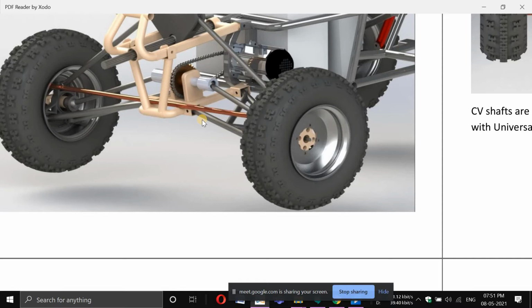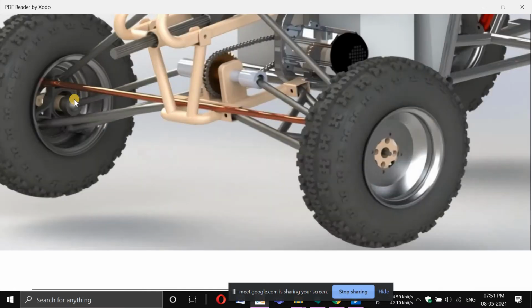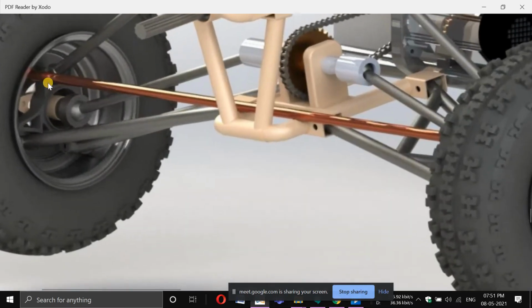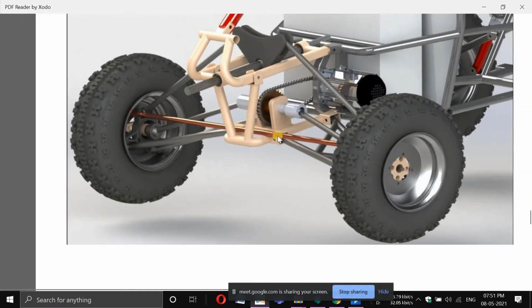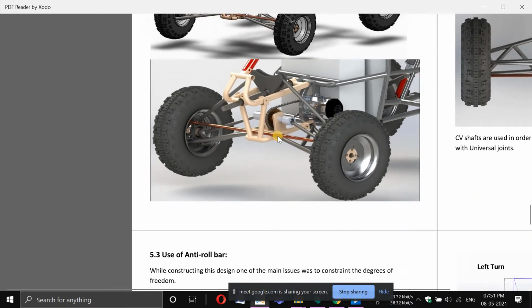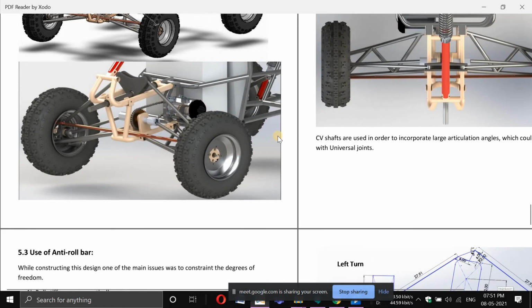It is connected in such a way that if this tire goes down and this tire goes up, this central rod is under torsion. So the torsional stiffness of this rod would bring back the tires to their original position. It would not allow them to go in opposite directions.